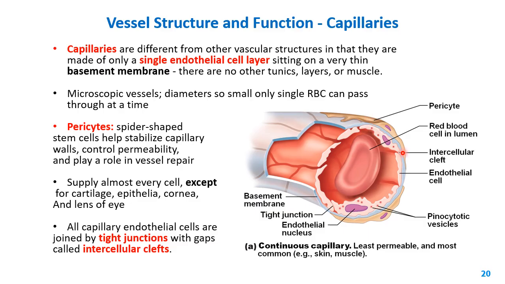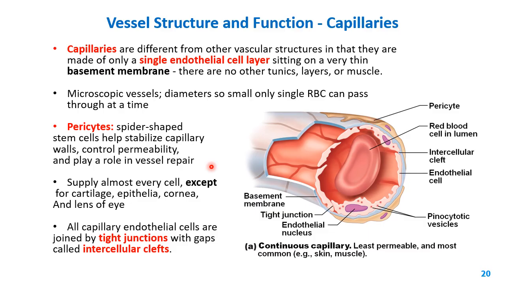Those cells here are actually stem cells. So those are called pericytes. They are very, very important to rebuild those capillaries in case you have capillary damage. Okay, and it happens. They're very thin and very fragile, and they can break. So pericytes just reconstitute the capillaries.